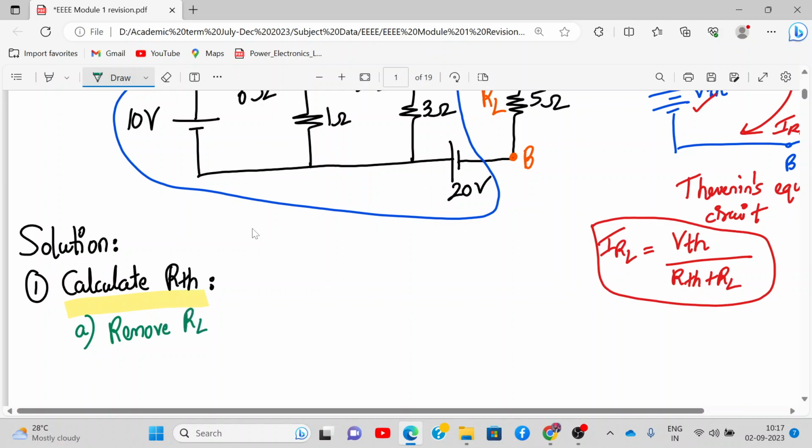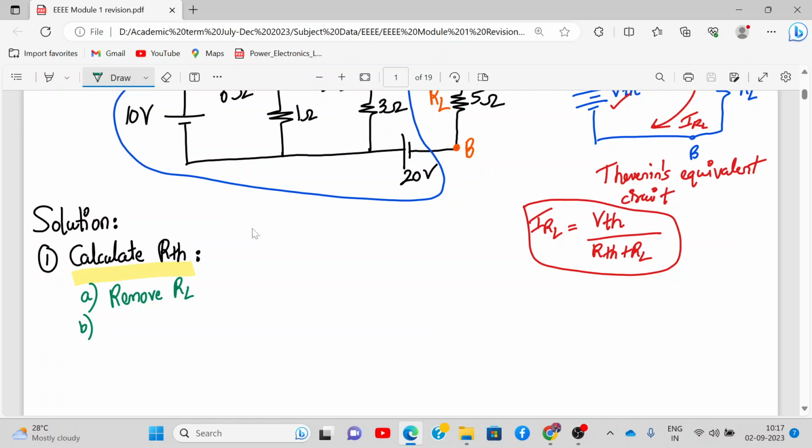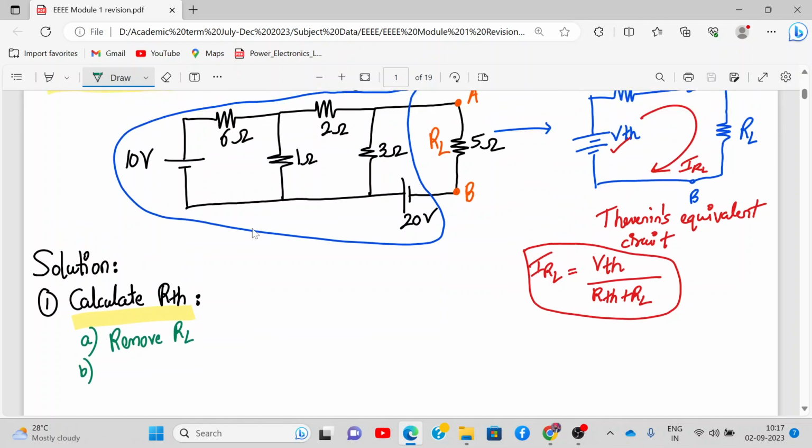We remove RL. RTH will be 6 ohms. No, it's not 6 ohms. Just have patience. We will solve that. I'm writing these things for your understanding. So please let me complete it, and then you will find out.